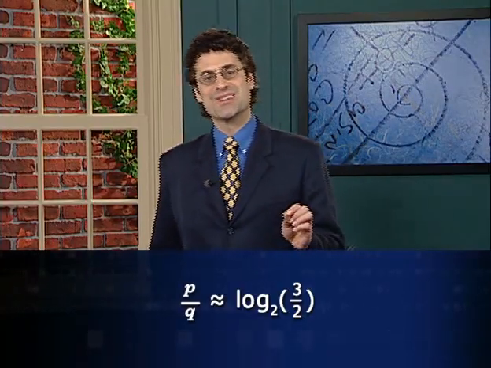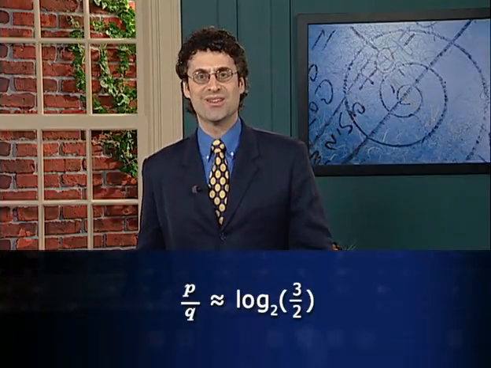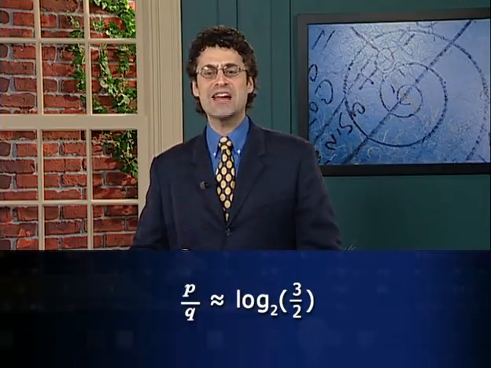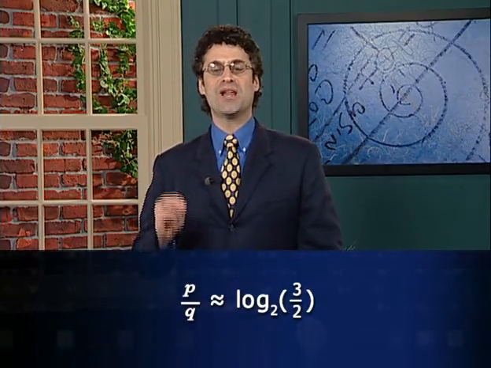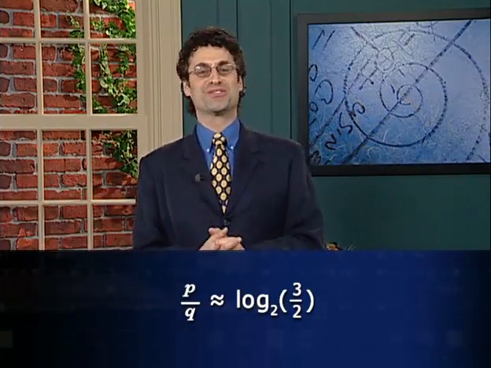In other words, we see that finding the length of the chromatic scale is equivalent to finding an excellent rational approximation, p over q, to the number log base 2 of 3/2. We've come full circle. Well, now remember that q, the denominator, represents the number of notes in our scale. Well, we now know exactly how to proceed.